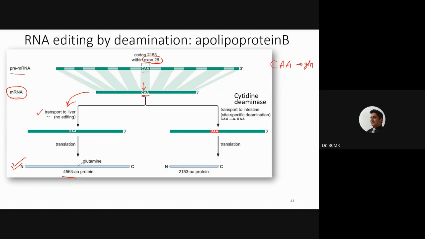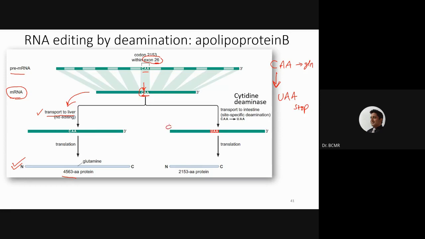However, the cytosine present here could be modified by an enzyme, cytidine deaminase. The deaminase will remove the amino group on the 6th position, and it will result in the formation of UAA. UAA is a stop codon. It doesn't code for any amino acid.